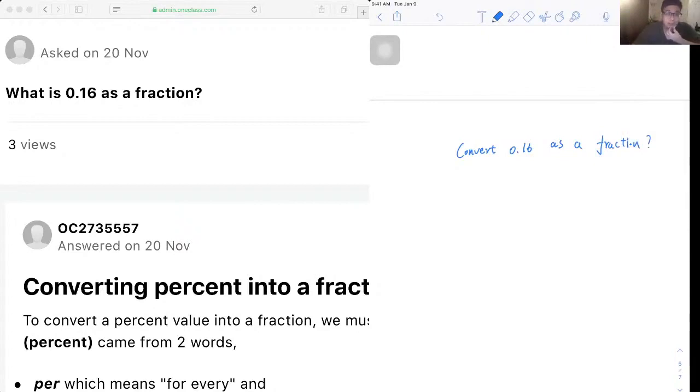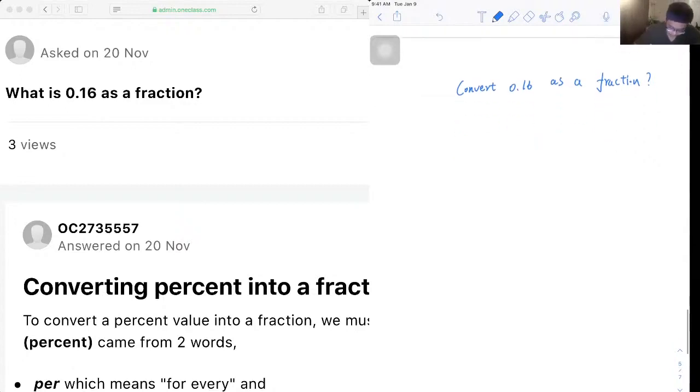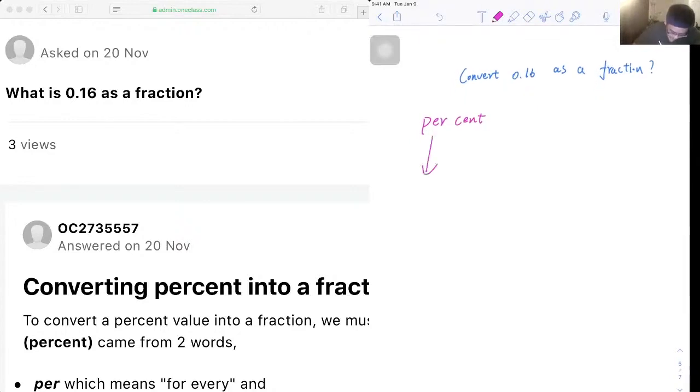Okay, so to convert a percent value into a fraction, we must know the symbol comes from two words, which are per and cent. Per just means for every, and cent means 100.